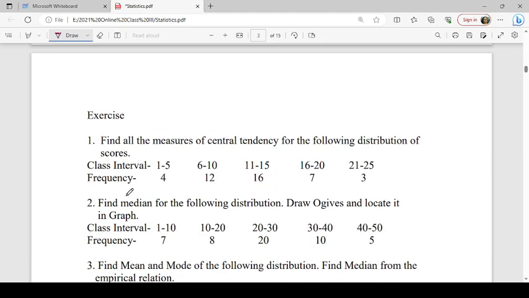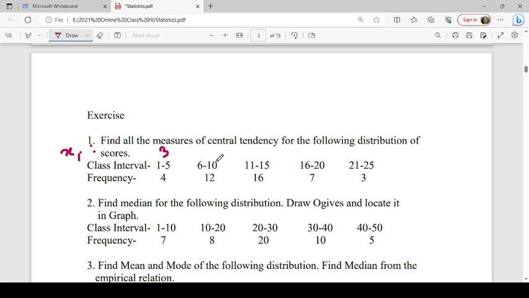So this is the class, and these are the mid values. It is 3 here: 1 2 3 4 5, and the middle one is the third one, so it is 3.